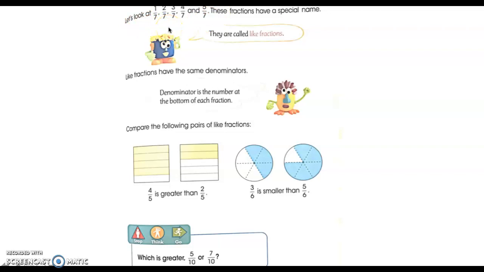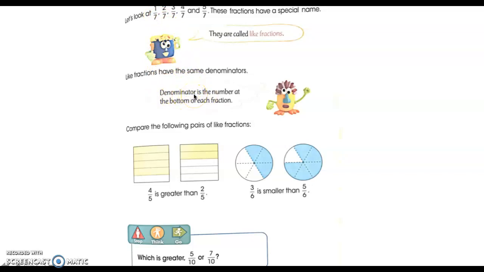the parts of the whole, you will see that their bottom number is all the same. So the fractions which have all the same bottom numbers are called like fractions. There is a special name given to this bottom number, which is called the denominator.